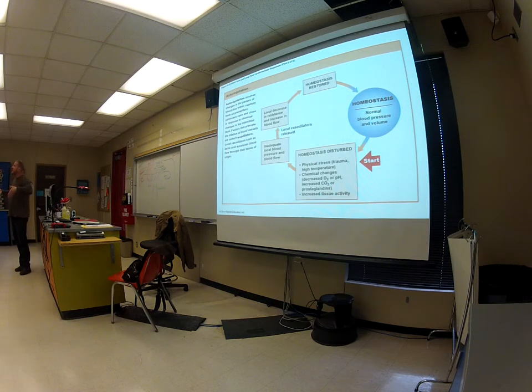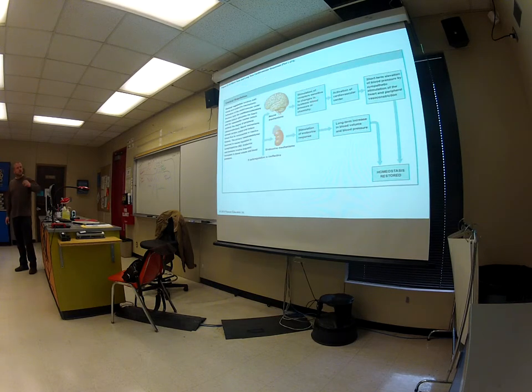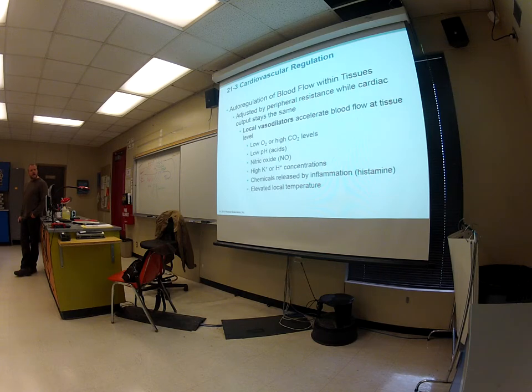Auto-regulation. It's immediate. It's right now. Right there, activation of cardiovascular centers. It's all neurologically controlled. Okay? Auto-regulation. So, local vasodilators: low O2 or high CO2, low pH, nitric oxide. Nitric oxide, what does that do? What does NO do?